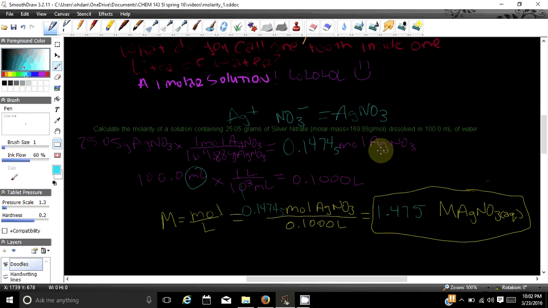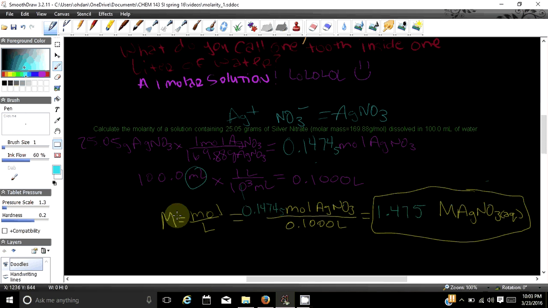Now it's important to not just stop here, because that's only the number of moles that you have. It's dissolved in 100 mL of water. So you take your 100 mL and convert it to liters, because molarity is moles over liters. That would give you 0.1000 liters.